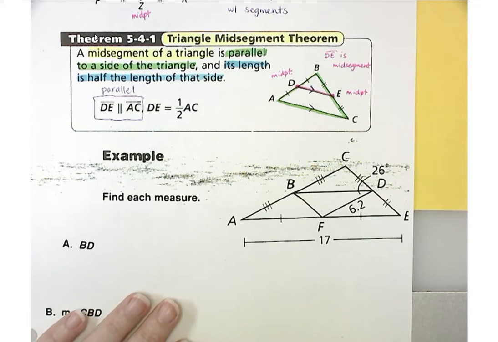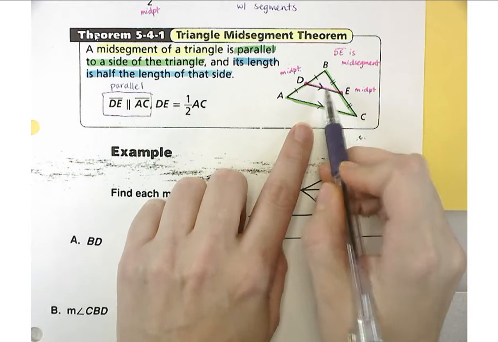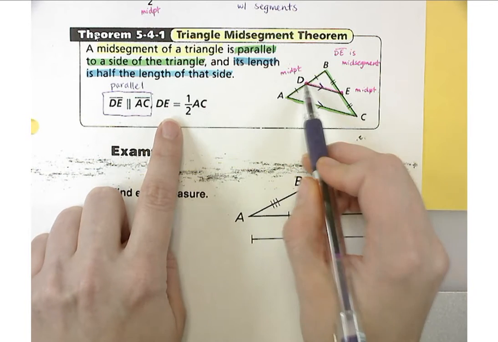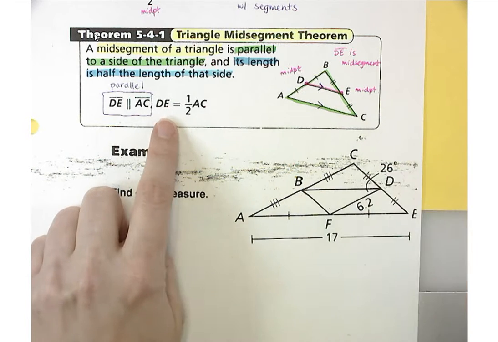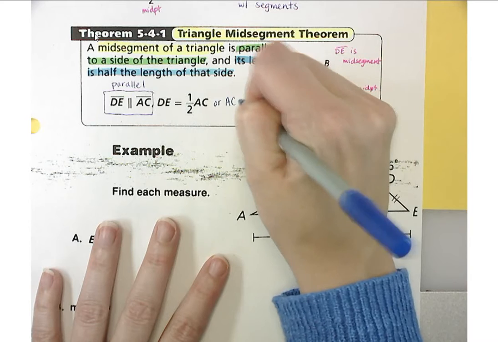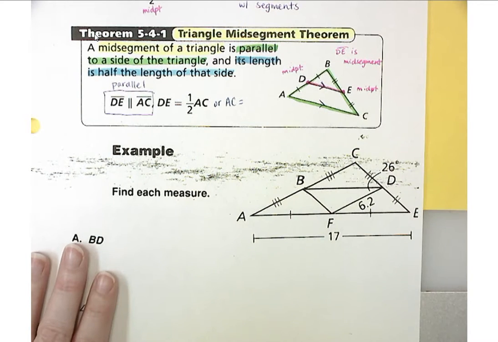The other thing it tells you is about the length. So whatever sides are parallel, that's what it applies to. DE is going to be half the length of AC. Let's say that you were given DE. How would you know what AC is?